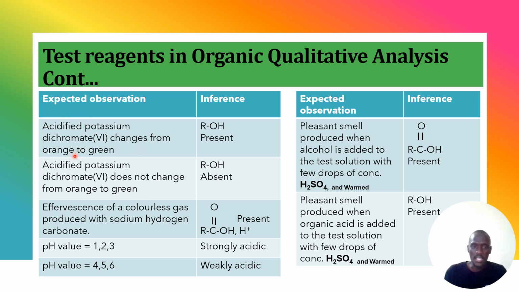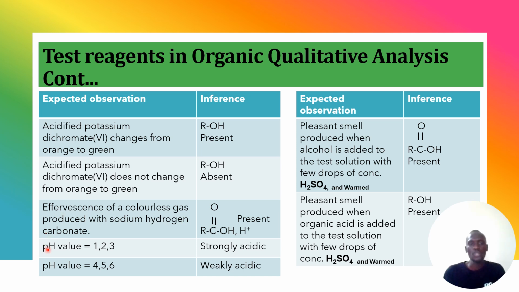When a student is given sodium hydrogen carbonate and is required to add it to the test reagent, and the student observes effervescence, then that means the test substance is acidic, and the student infers the functional group that is there.